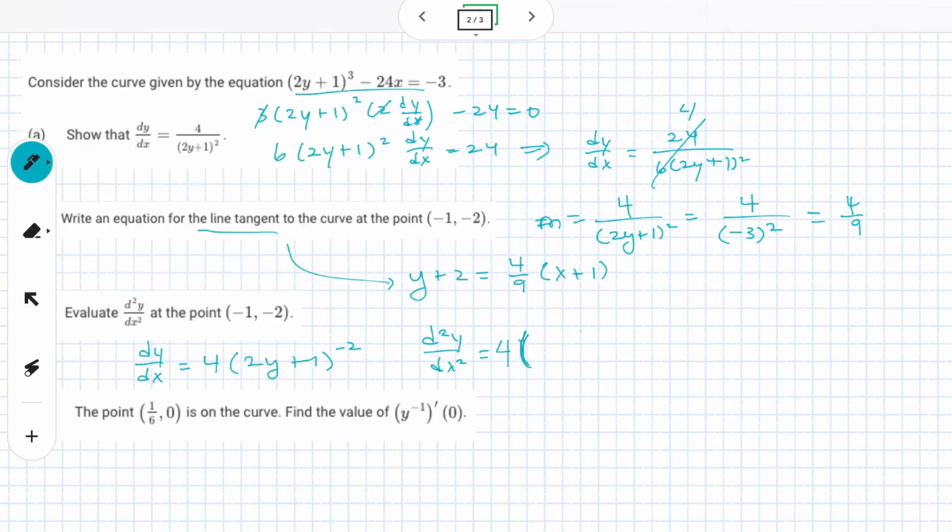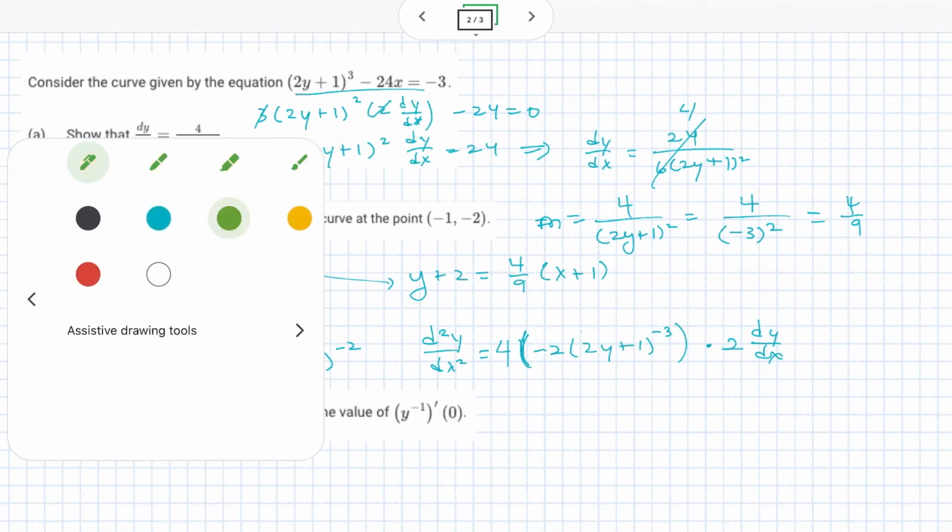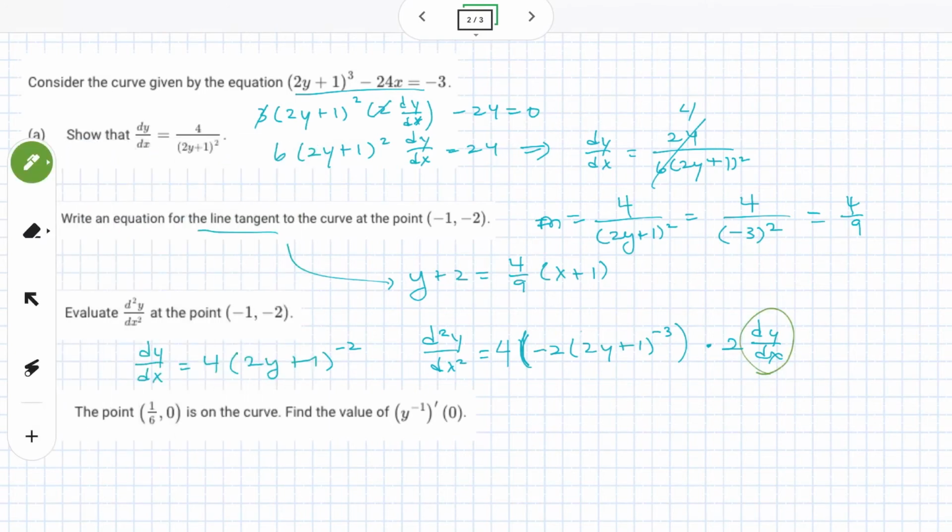So d squared y dx squared is equal to 4 times negative 2 times 2y plus 1 to the negative 3 times 2 dy dx, which can once again be replaced with 4 over 2y plus 1 quantity squared. So there is an equation for my d squared y dx squared.